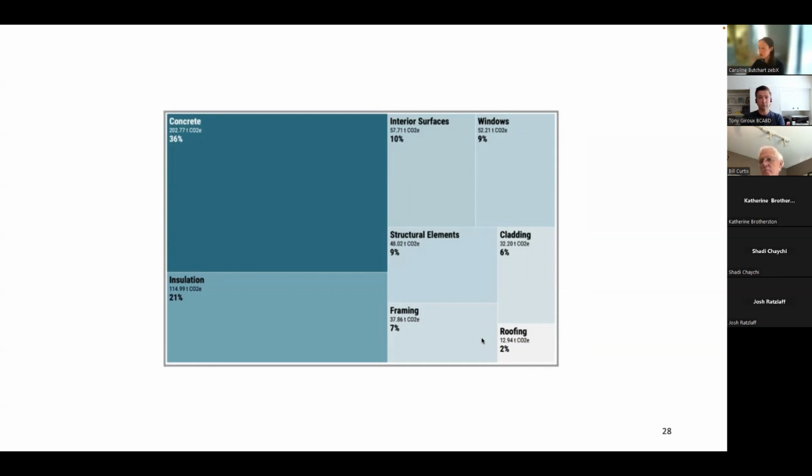Concrete, there aren't too many alternatives to concrete, especially for basements. So the strategy for reducing the embodied carbon associated with the concrete in your home is one of two things. Either specifying a low carbon concrete, and we're finding that home builders in particular are finding it difficult to source a low carbon concrete. The other alternative is to reduce the volume of concrete that you're using on your project.